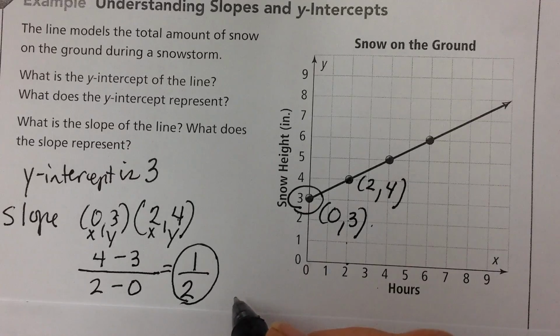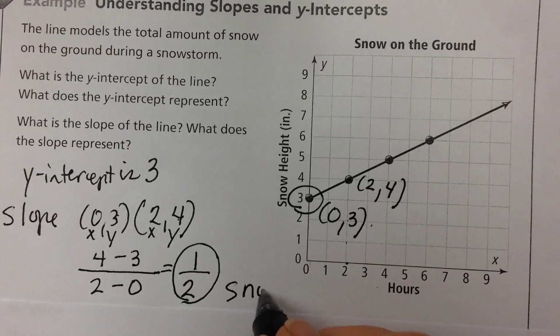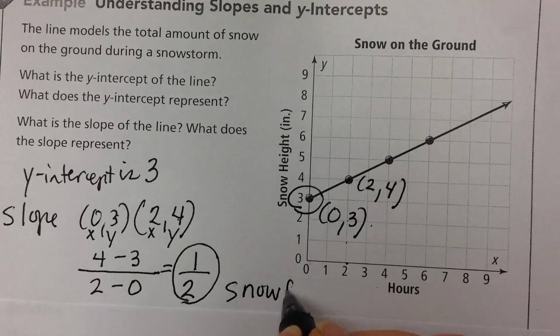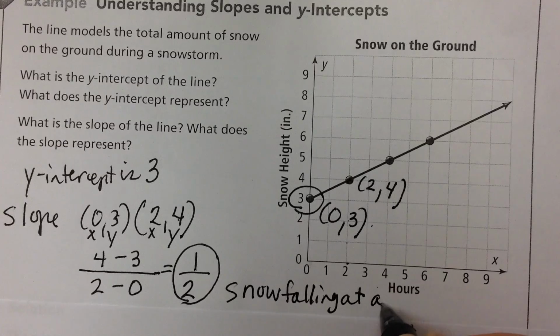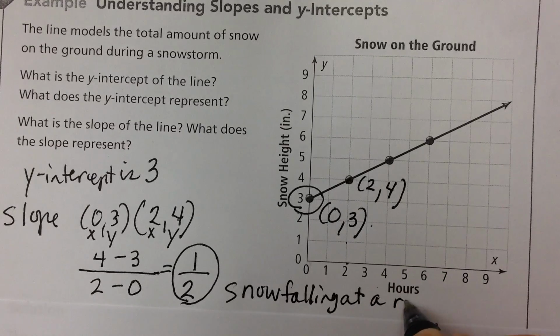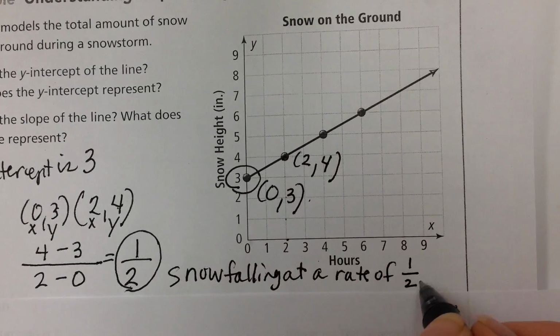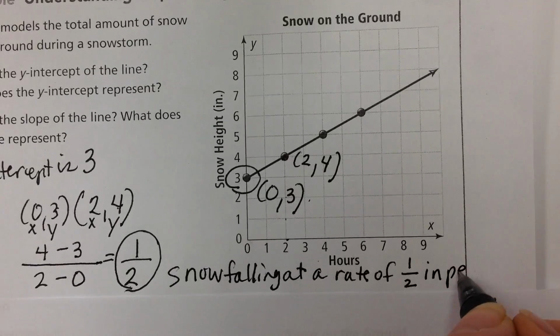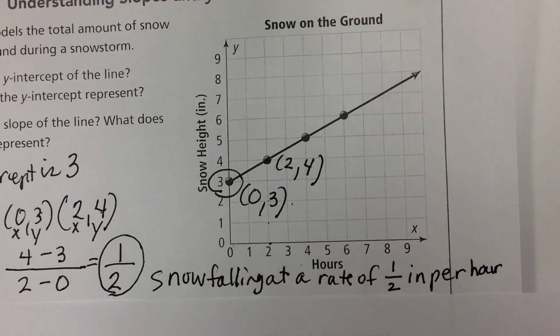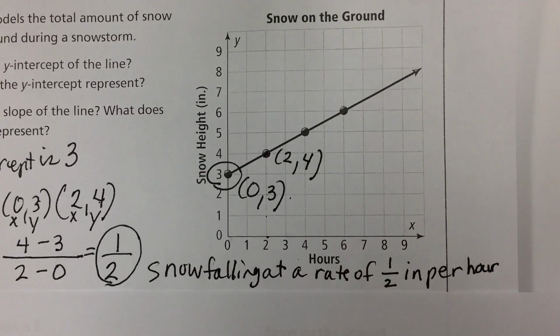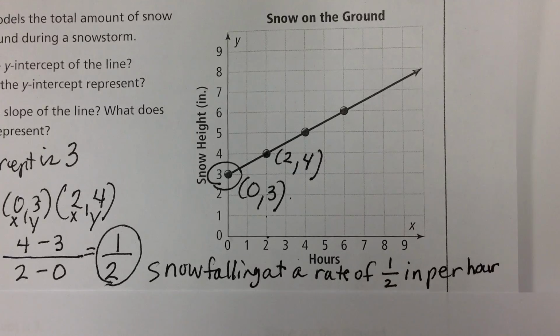So the snow is falling at a rate of 1/2 inch per hour. That's what the slope represents. It represents the snow falling at a rate of 1/2 inch per hour.